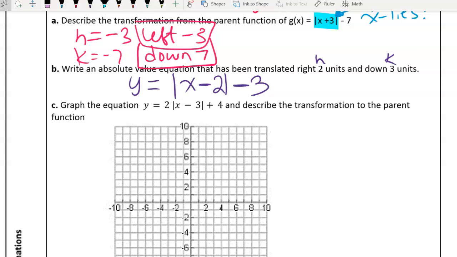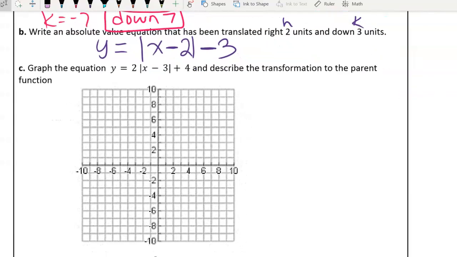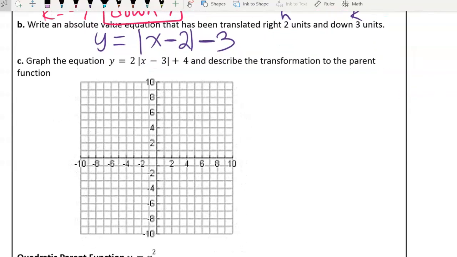Next question is asking us to graph the function and describe the transformation to the parent function. So before we graph, let's talk about the transformations. Let's label our A, H, and K values. And let's also label our vertex.